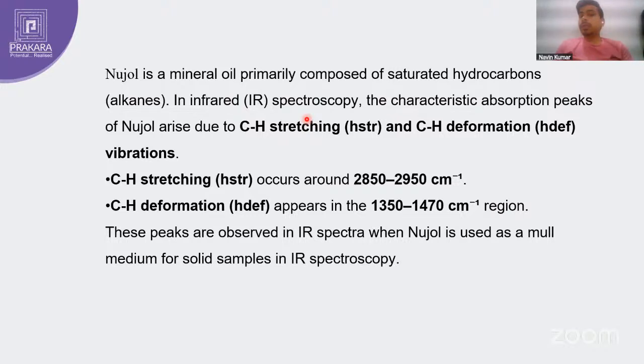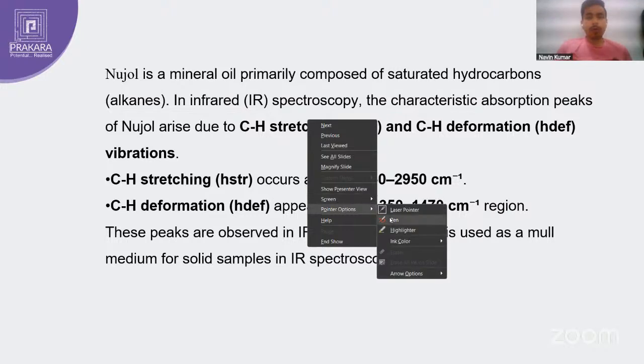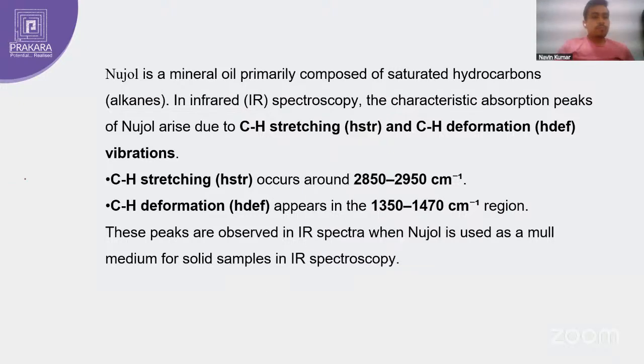Two major kinds of vibrations happen in the molecule. I'm going to show those with the help of a pen. Imagine a C-H: there is a bond between the carbon and hydrogen.